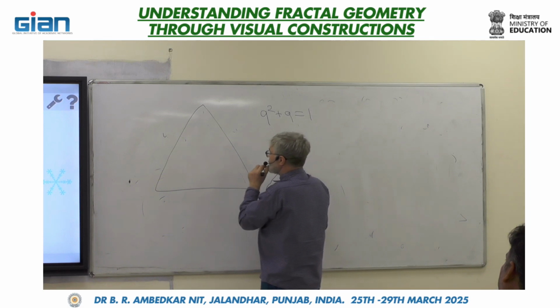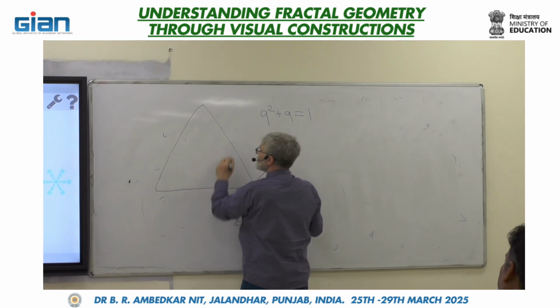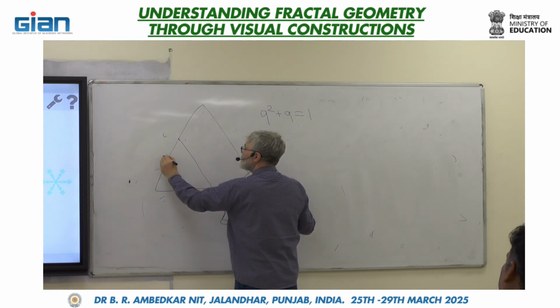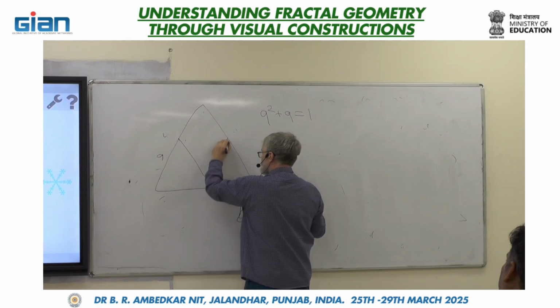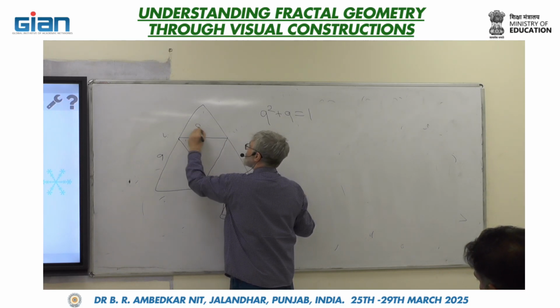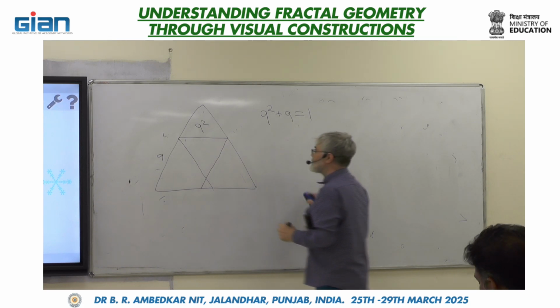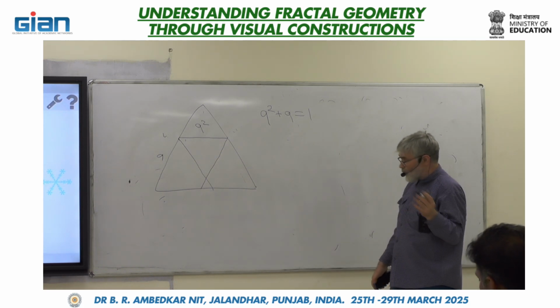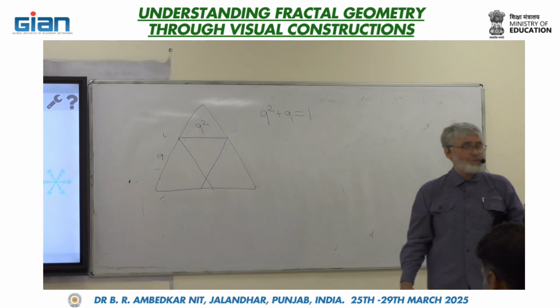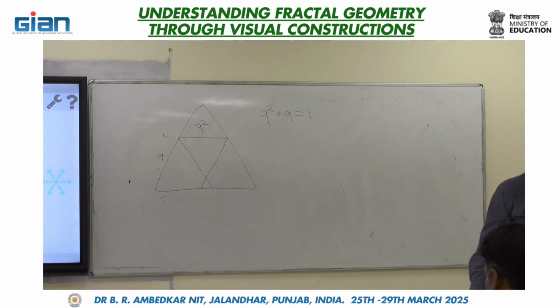And I take the following thing. This will be Q, this will be Q, and this will be Q squared, right? So this copy will intersect. It is easy to construct this golden triangle, yes?